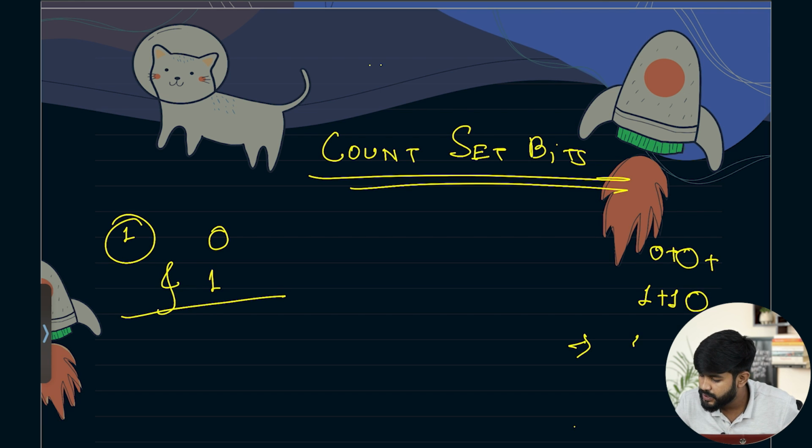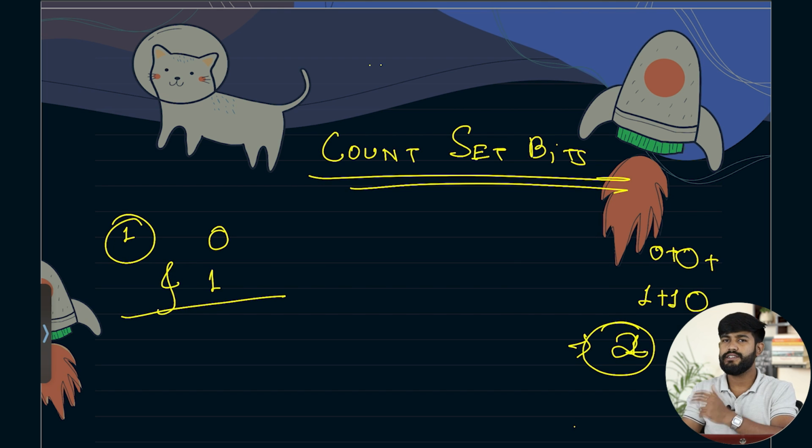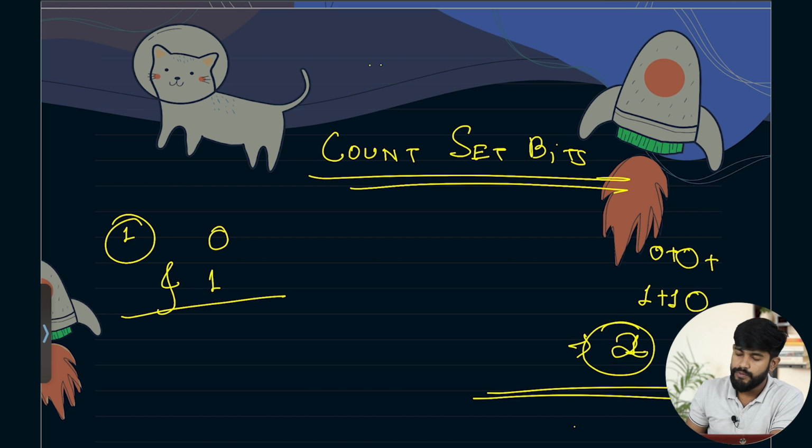So the total value is 2, 1 plus 1 equals 2, and adding zeros. This is how we would find the count of set bits. Each time we do a right shift and an AND with 1, till we have some value. That is why we would have a while loop: while n is greater than 0, we would simply keep shifting it to the right.